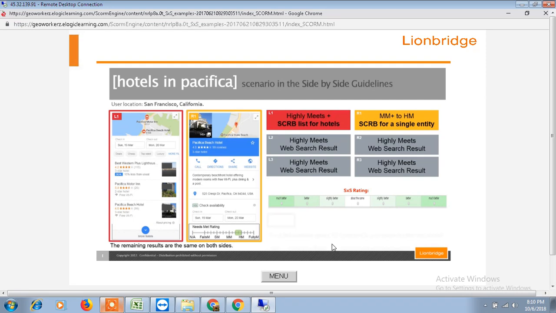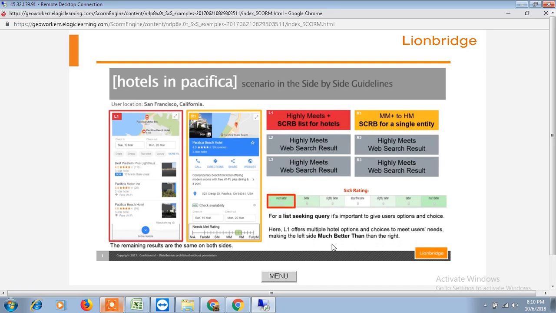Remember, for a list-seeking query, as in this case, it's important to give the users many options and choices. Therefore, the left side should be rated much better than the right, because the most prominent result, L1, offers multiple hotel options and choices to meet the user's needs.